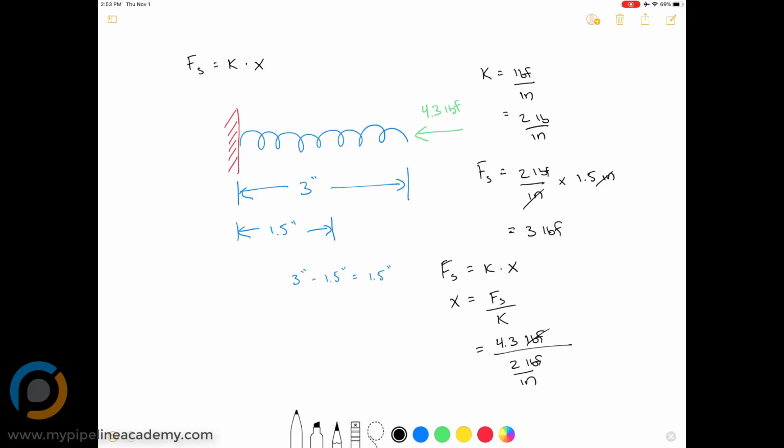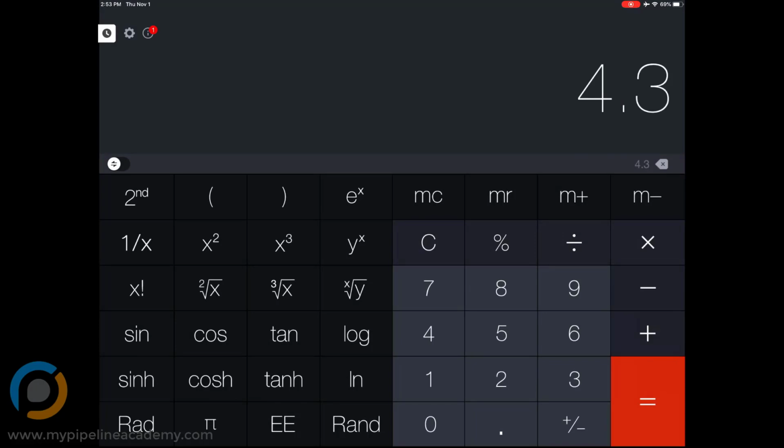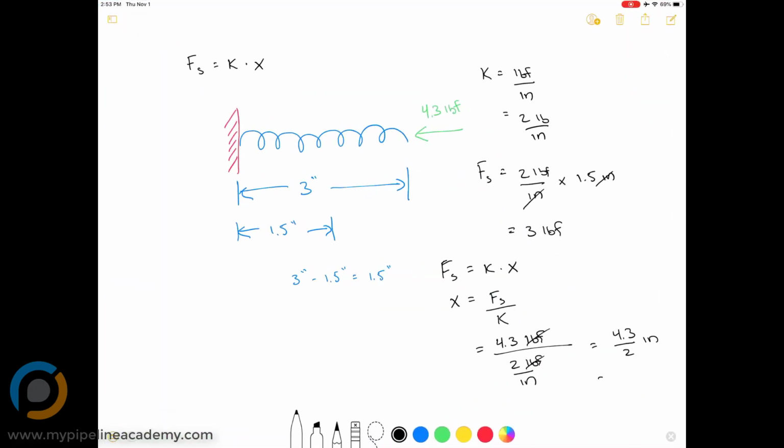The pounds force cancels out, and we're left with 4.3 over 2 inches. 4.3 divided by 2 is 2.15, so X equals 2.15 inches.